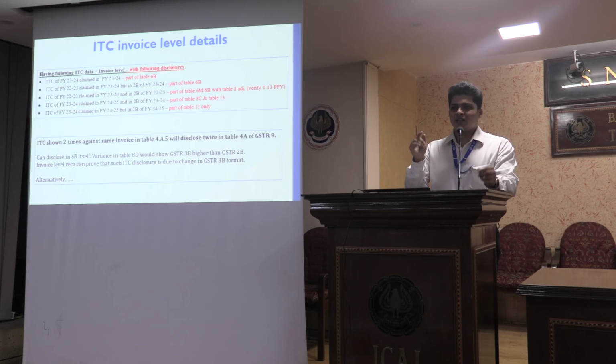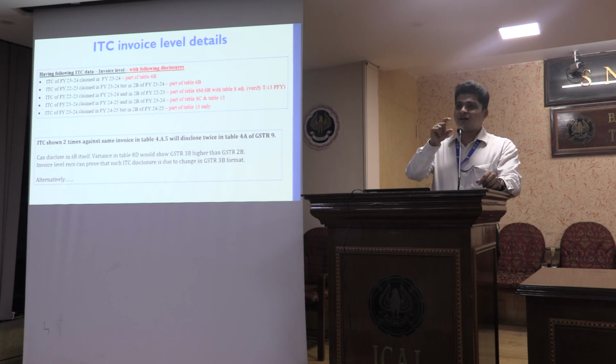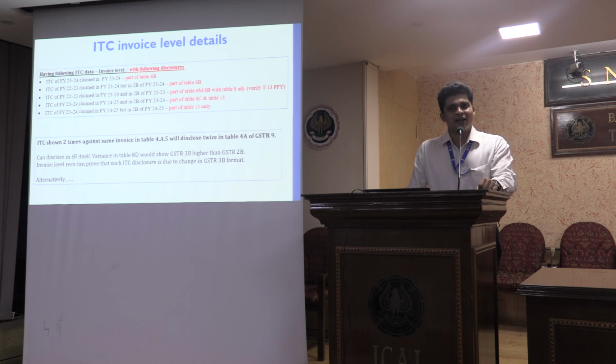Along with your 9C, you can make this table and the difference which forms part of table 8D can be under a management letter having the breakup of table 8D. What is the difference? What are the reasons why there is a negative difference arising in table 8D? With this, you will be able to cover your position and also follow the format to the literal sense.